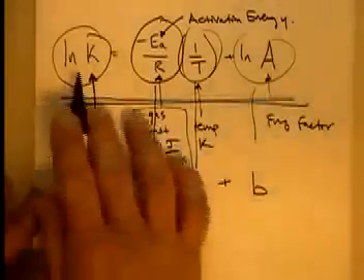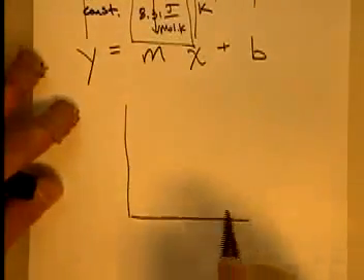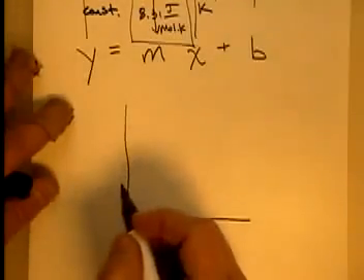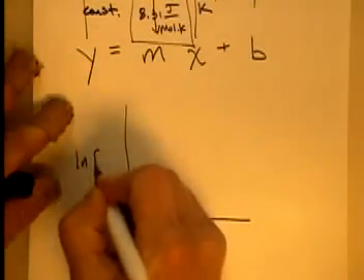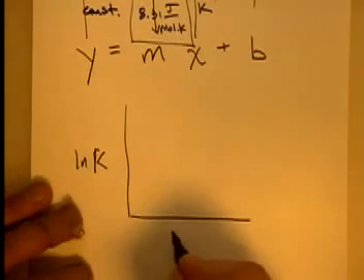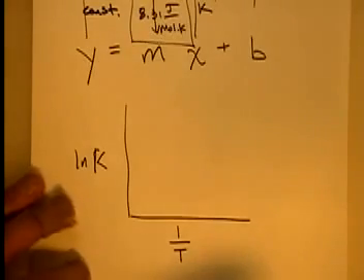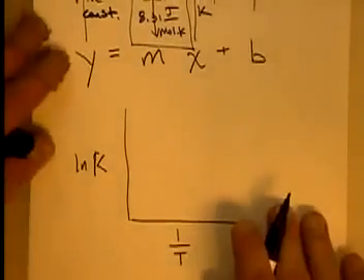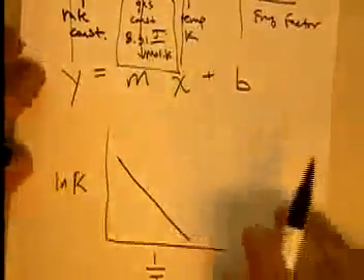And so if you were to graph this equation, you would say that on the vertical or y-axis, you would graph the natural log of k, or the natural log of the rate constant, and on the horizontal axis, you would graph 1 over temperature, or the inverse of temperature. And with this, you would get a line that has a negative slope. So it would look something like this.